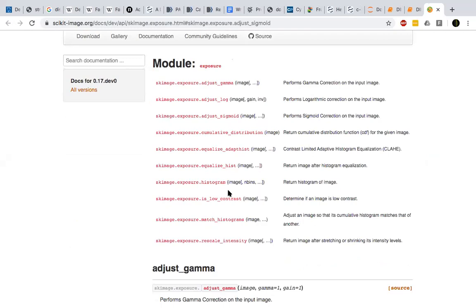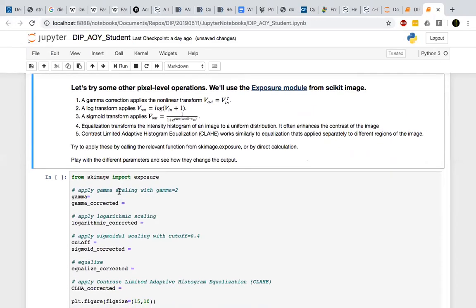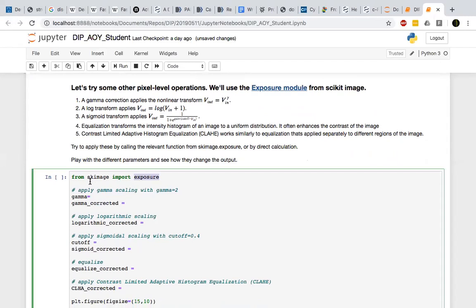And specifically, you could just pick out the functions that were asked for over here. Now notice that right now, I didn't import each one of these functions individually. I imported just the module exposure. So exposure has all these functions underneath it.